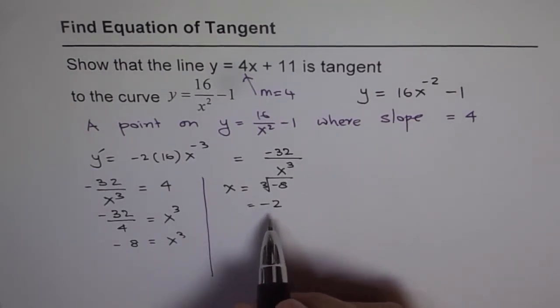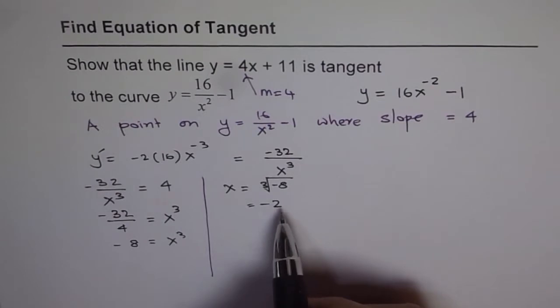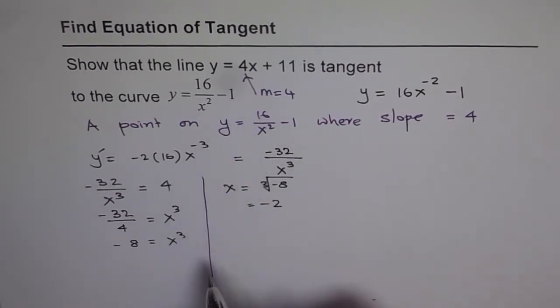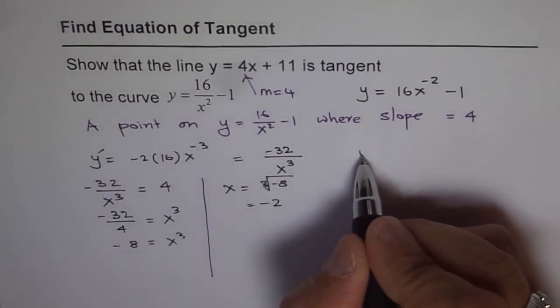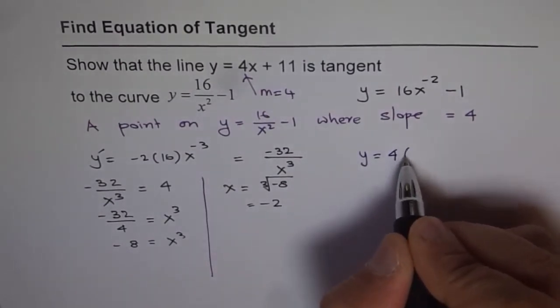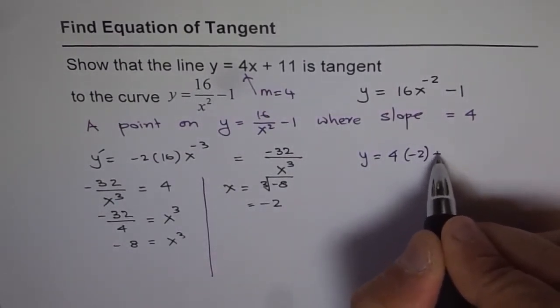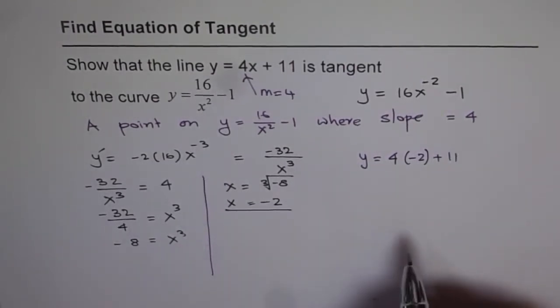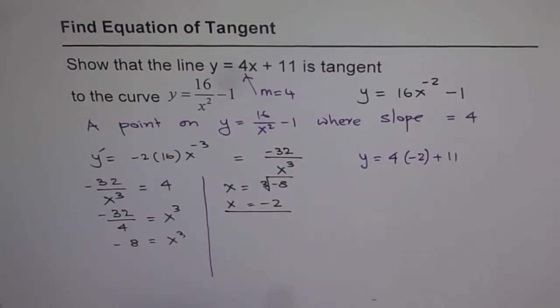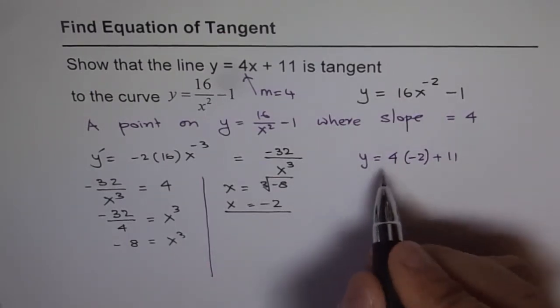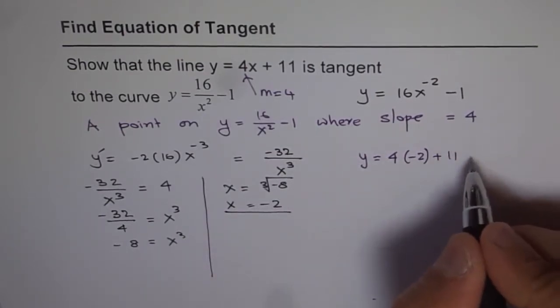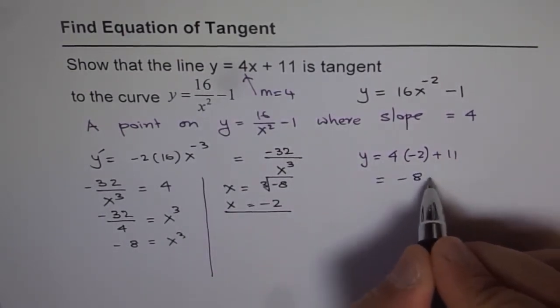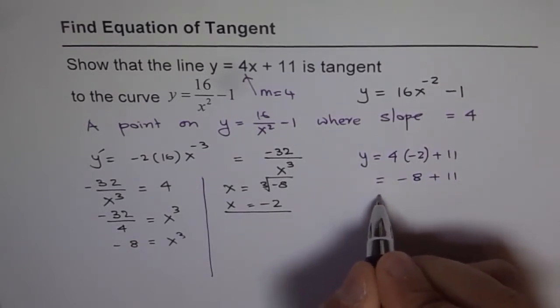Now we need to verify that this point is also on the line, right? So let's calculate the y value at x equals minus 2 on both the line and the curve. First, on the given line, y equals 4 times minus 2 plus 11, which is minus 8 plus 11, giving a value of 3.